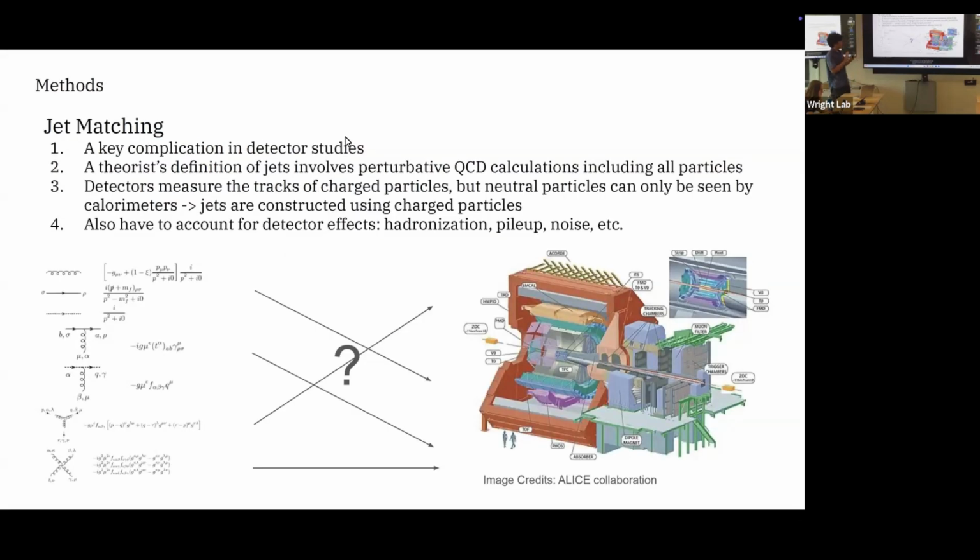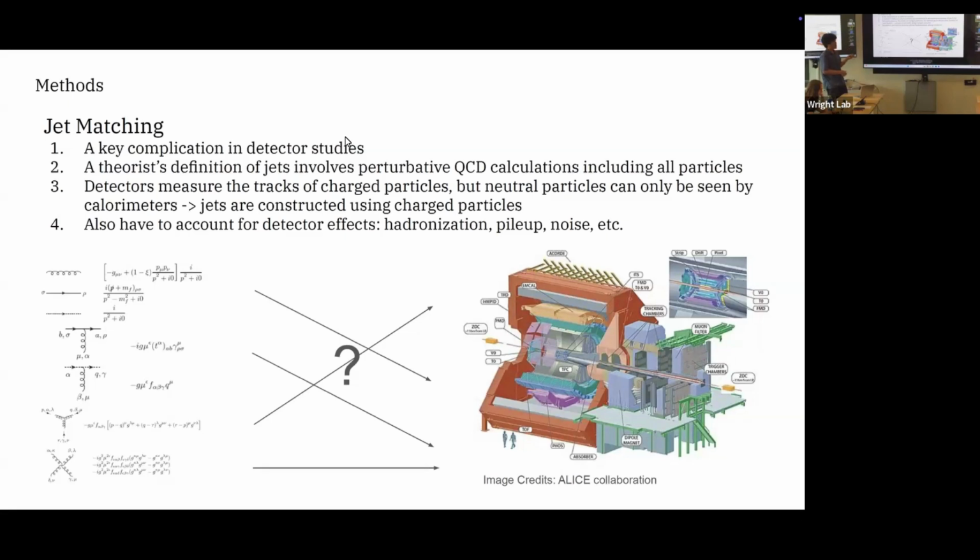So for a little aside, the crux of my project is studying these energy correlators. But one of the problems that I was concerned with this summer was this thing called jet matching. This is a key complication in detector studies. For a little bit of an explanation, a theorist definition relies on QCD perturbative calculations, and they define and study jets using this definition, which includes uncharged particles.